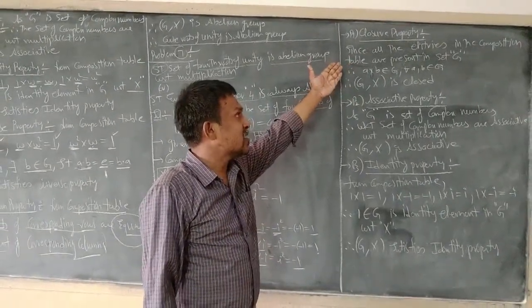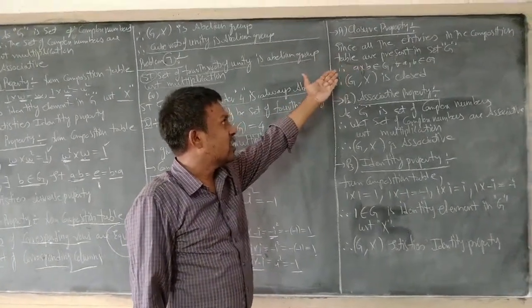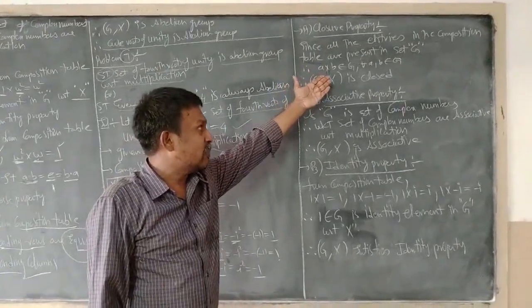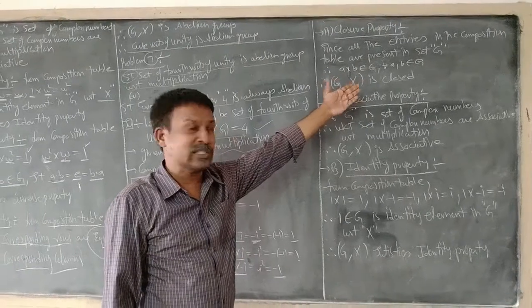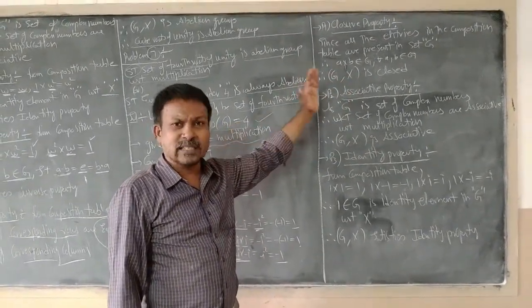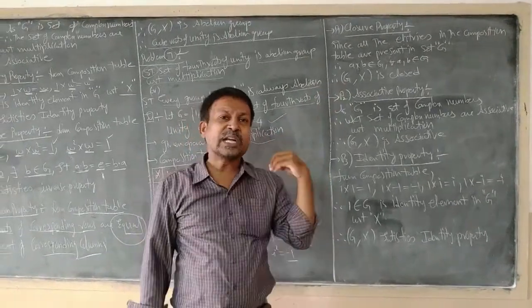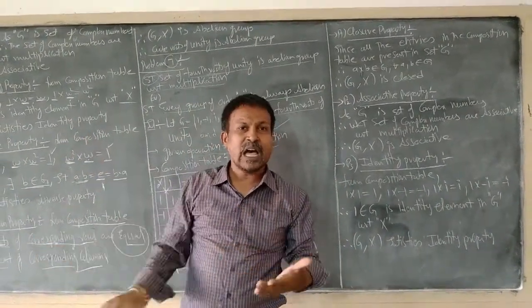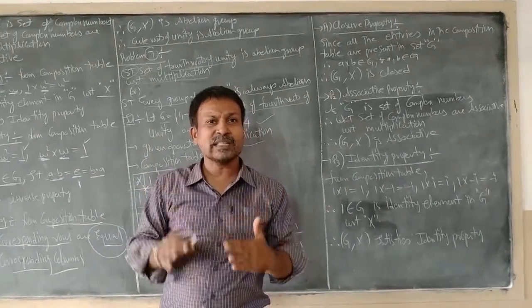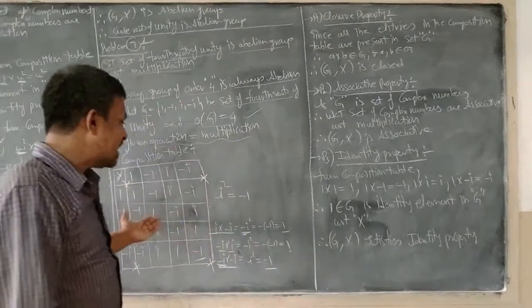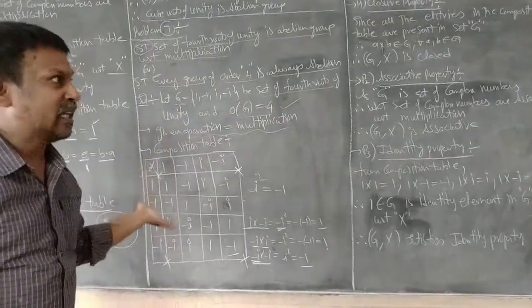Since all the entries in the composition table are present in set G, therefore a × b belongs to G for every a, b belonging to G. Therefore, (G, ×) is closed. What does it mean? If we multiply any two elements of the given set of fourth roots of unity, the resultant product is also present in the set. It is seen clearly in this composition table.